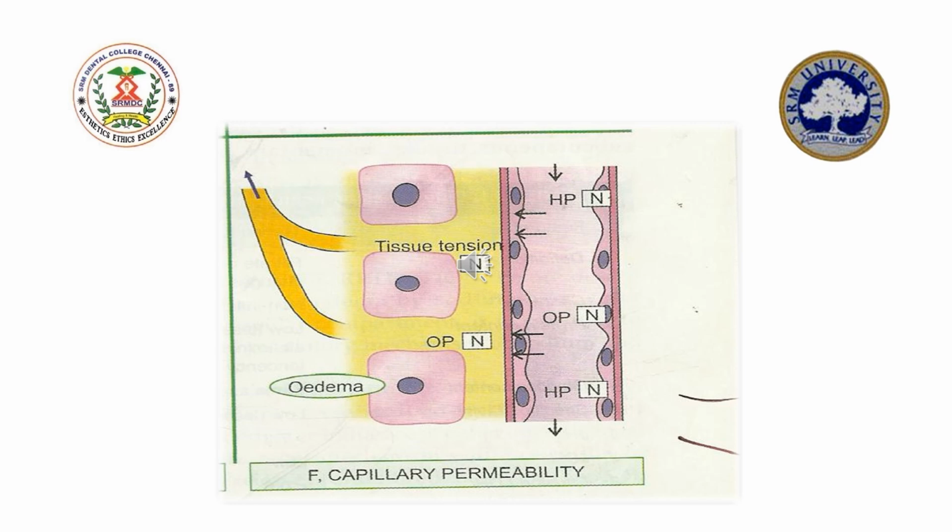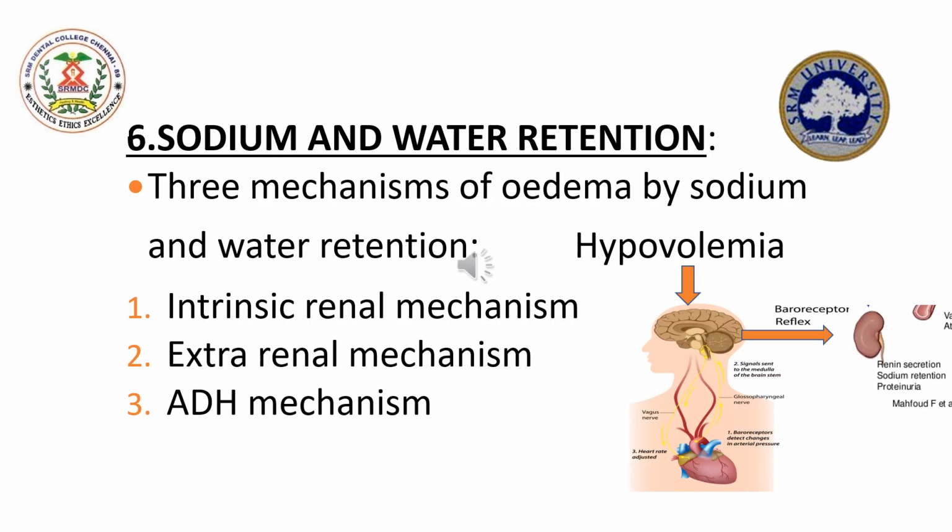Once they escape, the oncotic pressure in the blood vessels will reduce. Once the oncotic pressure reduces, more and more fluid will escape from the blood vessel into the interstitial space, leading to edema.